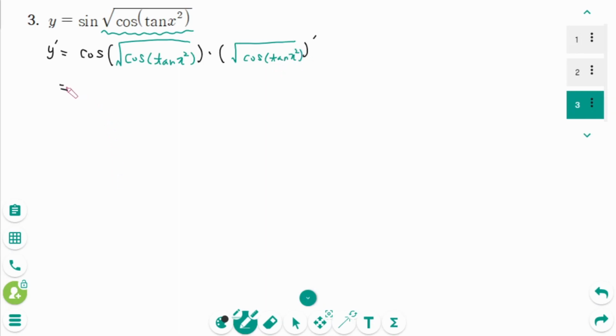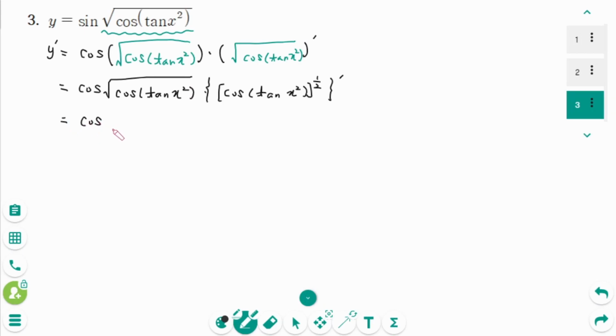Then we can rewrite as cosine of the square root of cosine of tangent of x squared, times cosine of tangent of x squared to the power of 1 over 2, prime.